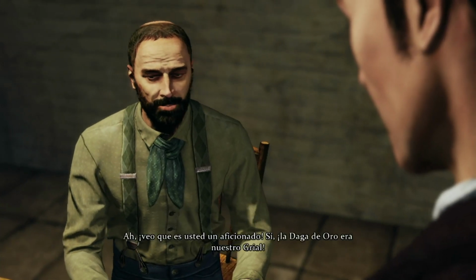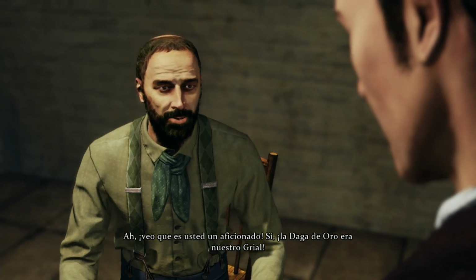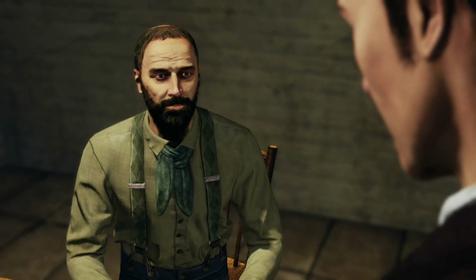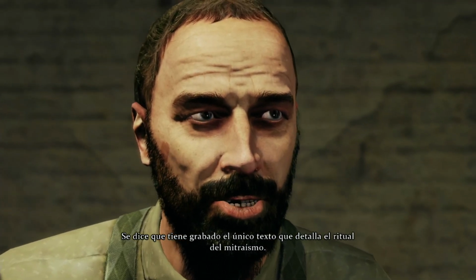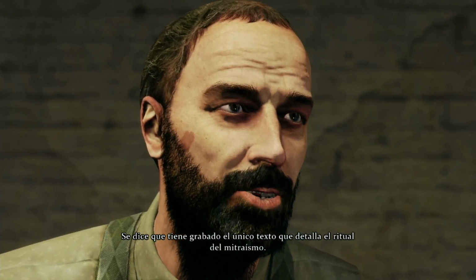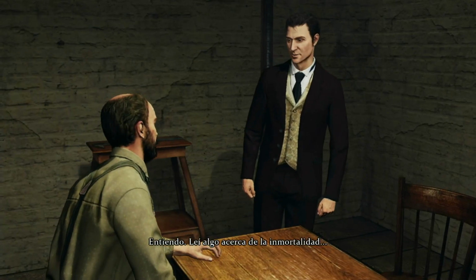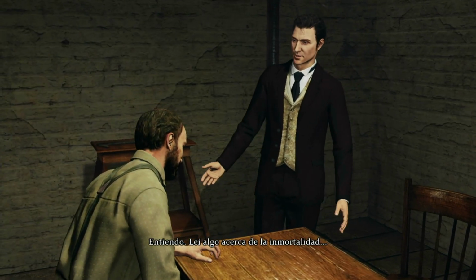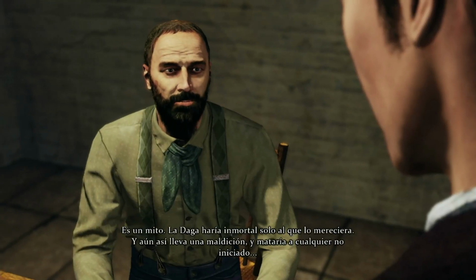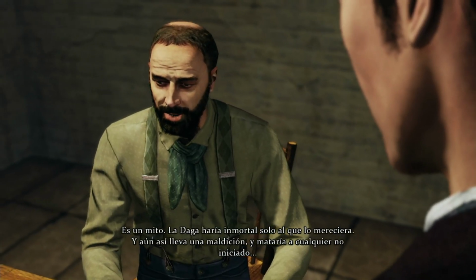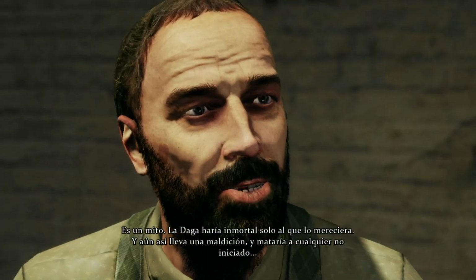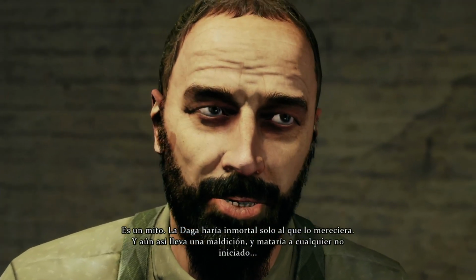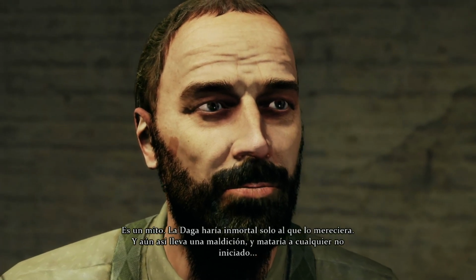I see you are an amateur. Yes, the golden knife was our grail. It is said that it bears the only text explaining the ritual of the cult of Mithras. I understand. I read something about immortality. A myth. The knife would provide immortality only to the worthy one, and yet it is cursed, and it would kill you if you are not initiated.